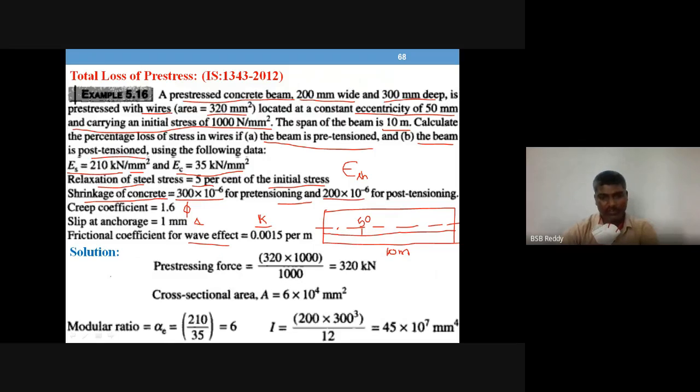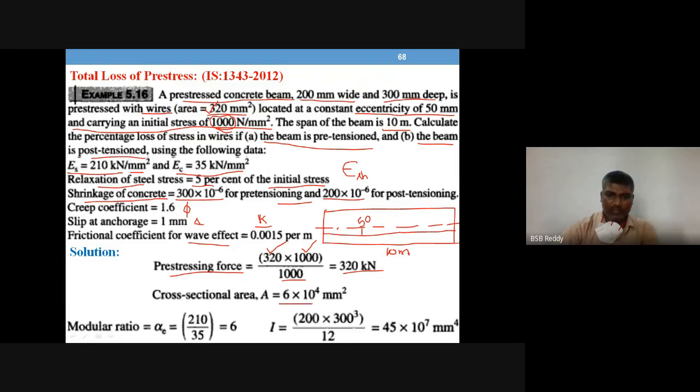Now let us proceed to the solution. So you have the stress value and you have the area. Stress into cross-sectional area gives you the pre-stressing force, 320 into 1000 newtons divided by 1000, in kilonewtons.